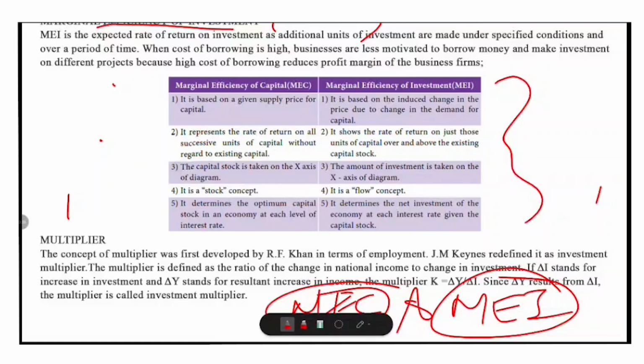What are the main differences? MEC is based on a given supply price for capital. MEI is based on the induced change in the price due to the change in demand for capital. Then MEC represents the rate of return on all successive units of capital without regard to existing capital. MEI shows the rate of return on just those units of capital over and above the existing capital stock.